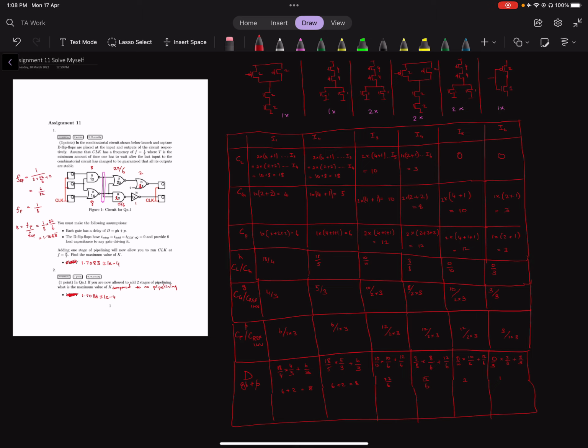The gates are labeled I1 to I6, and we are asked to find the change in the max frequency at which you can operate the clock, which is synchronizing the launch and capture flip-flops, if you had one stage of pipeline.